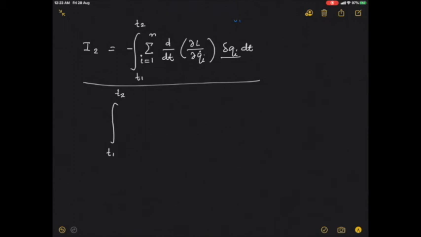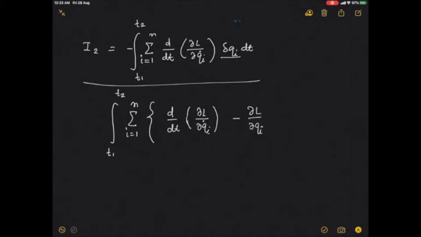So the entire thing now I can write as the integral of t1 to t2, summation over I equals 1 to n, d/dt of del L del Qi dot minus del L del Qi, times delta Qi, dt equals 0.